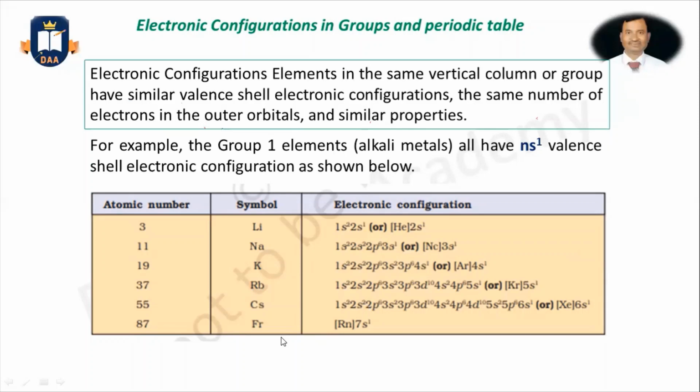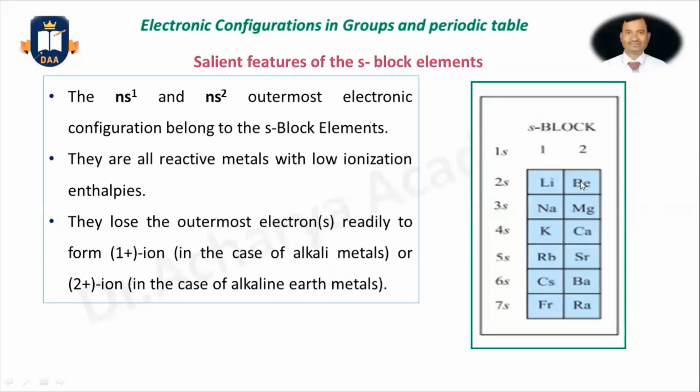From the previous discussion, if the outer shell configuration and number of electrons are the same, then group-wise these elements have similar chemical and other properties. For beryllium also, if you check, the outer shell electron configuration is ns2.